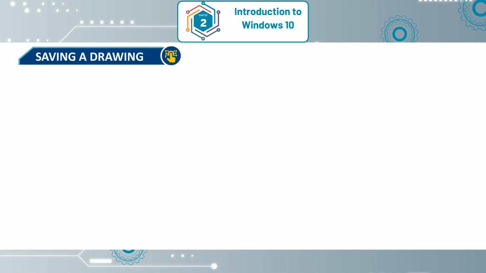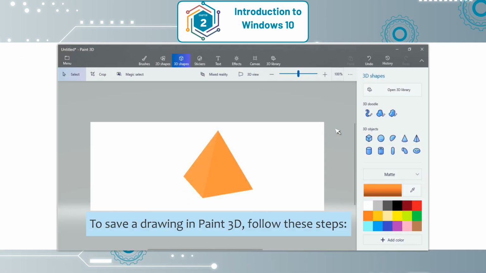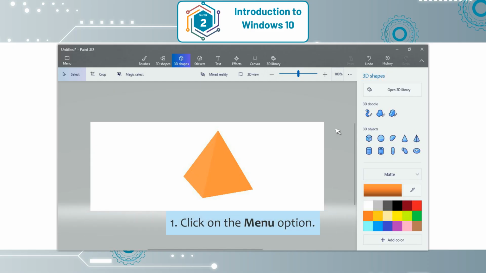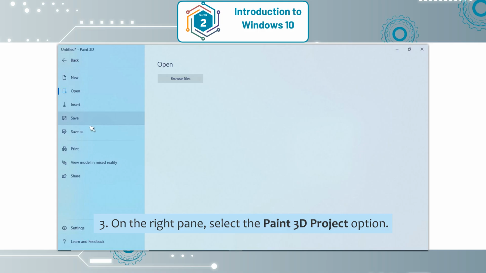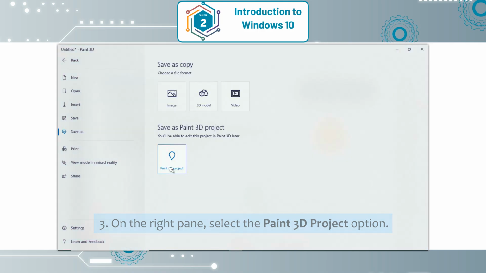Saving a drawing. To save a drawing in Paint 3D, follow these steps. 1. Click on the Menu option. 2. Select the Save option, Figure 4.8a. 3. On the right pane, select the Paint 3D Project option. 4.